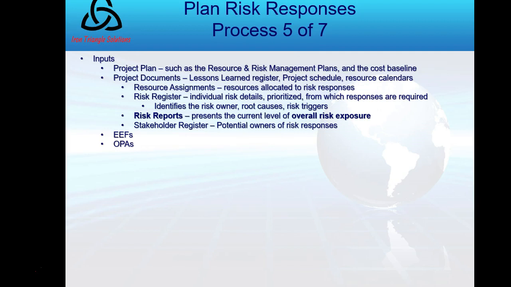Risk register and risk reports. Risk reports are what's going to present the current level of overall risk exposure. Okay, and it may also list individual risks, and it's going to have both then on it, as opposed to the risk register, which is largely about the individual risks. That's a distinction I wanted to make.